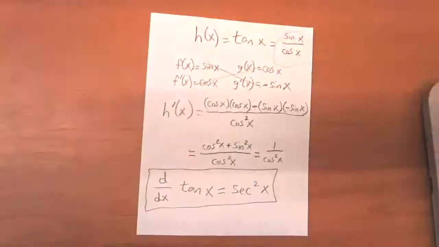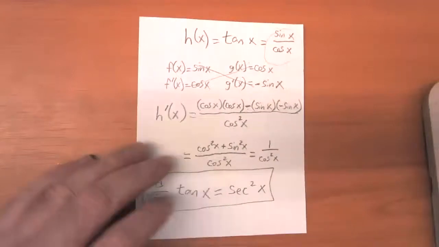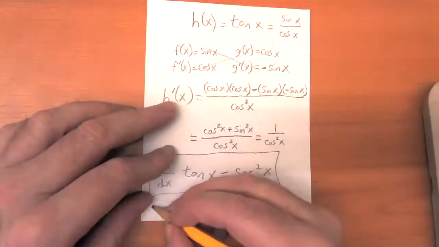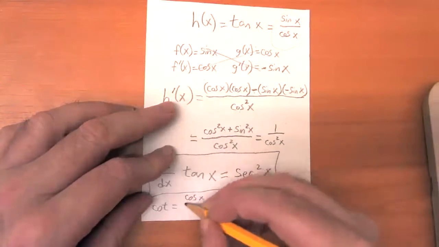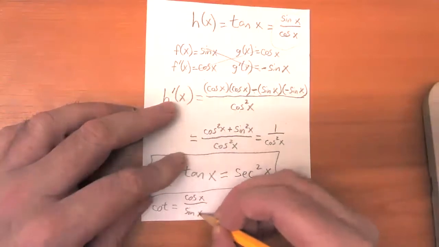Okay, and here's what I'm going to do. You can go through this for the other three trig functions, because remember, we know that cotangent is equal to cosine x over sine of x.